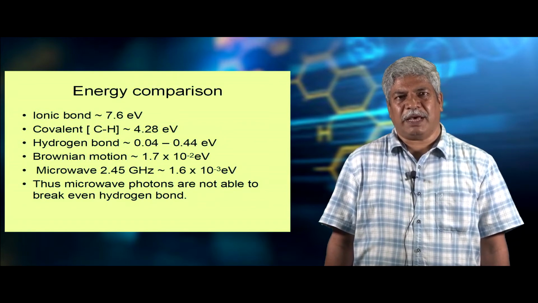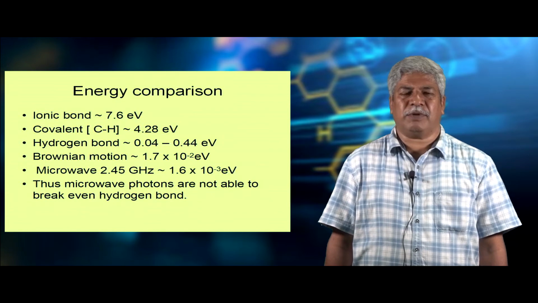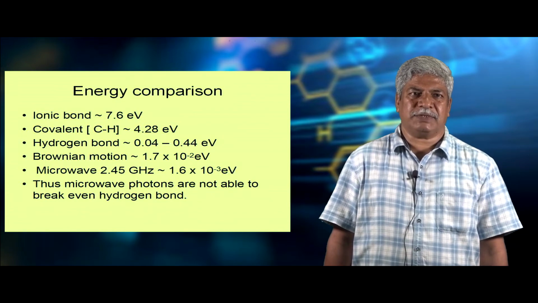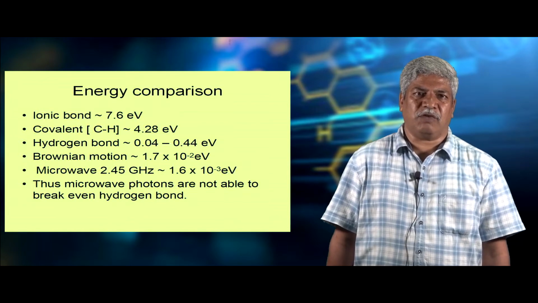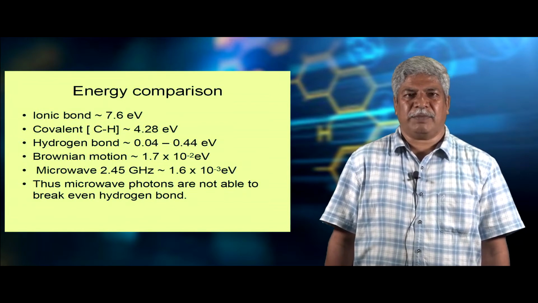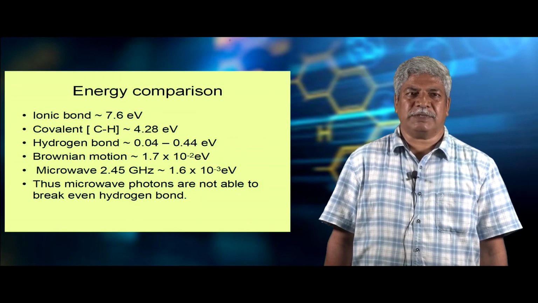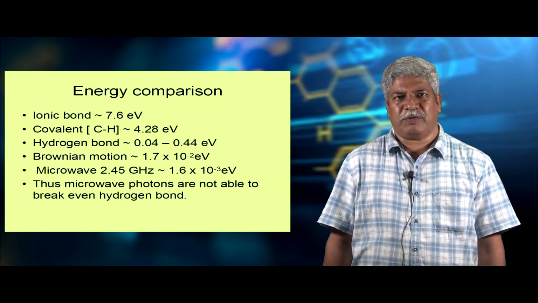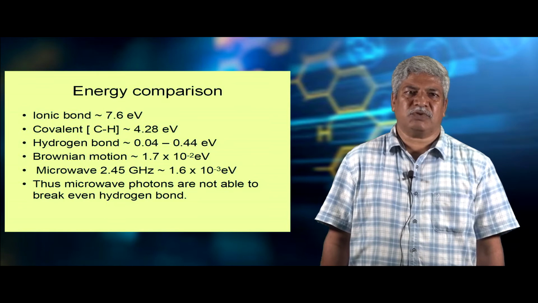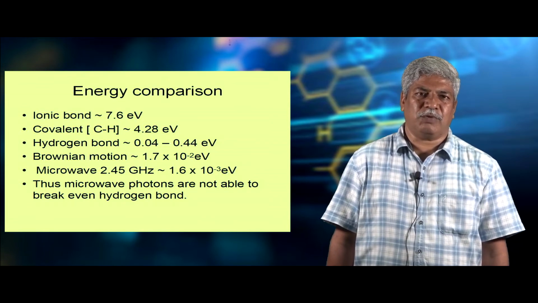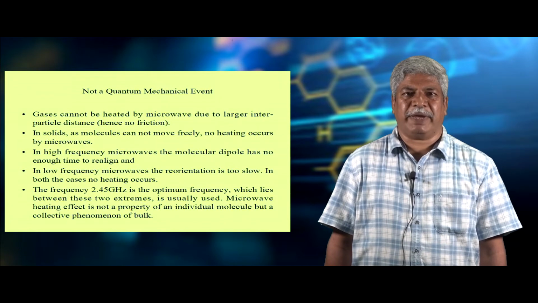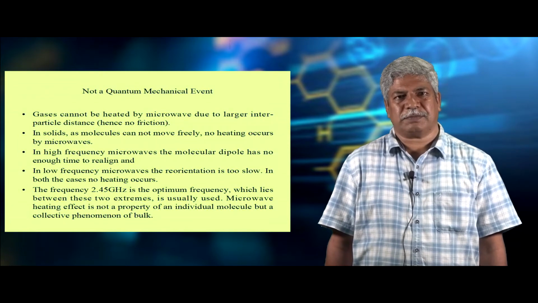So this being the average energy of these bonds, let us compare this with the Brownian motion, which has an energy of 1.7 × 10^-2 electron volts, and the energy of the microwaves at 2.45 gigahertz, approximately 1.6 × 10^-3 electron volts.